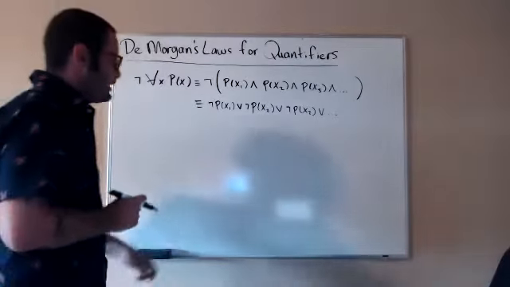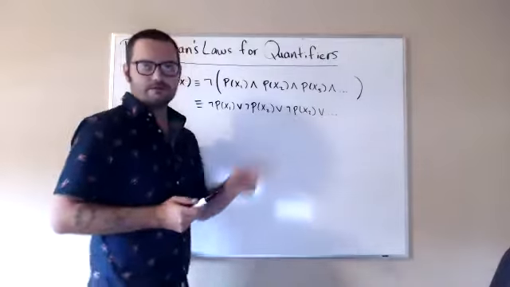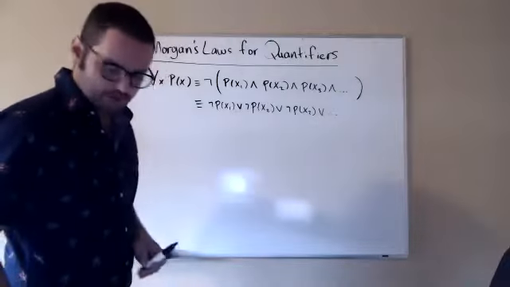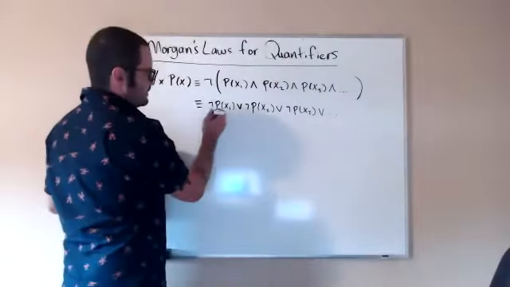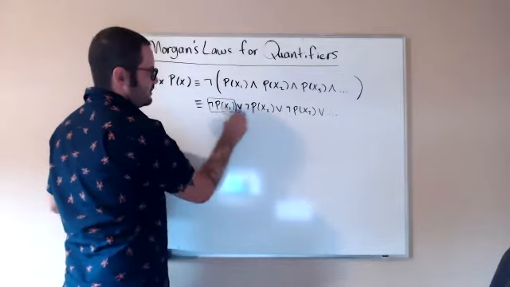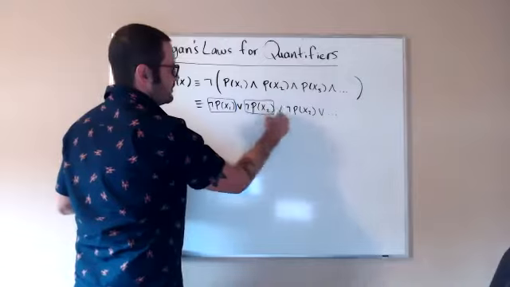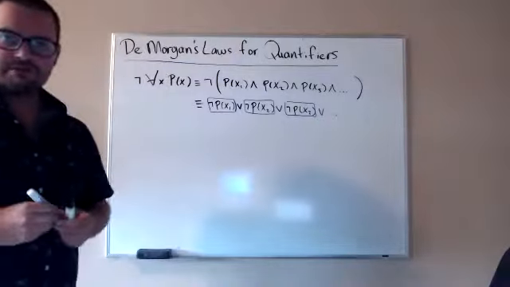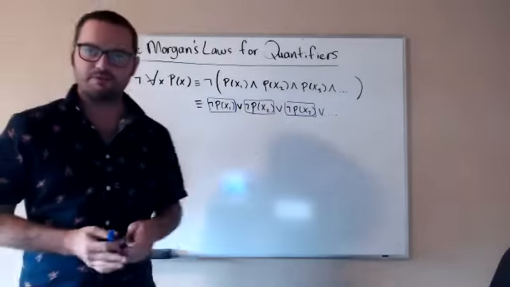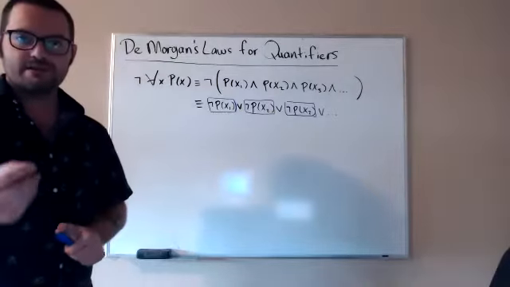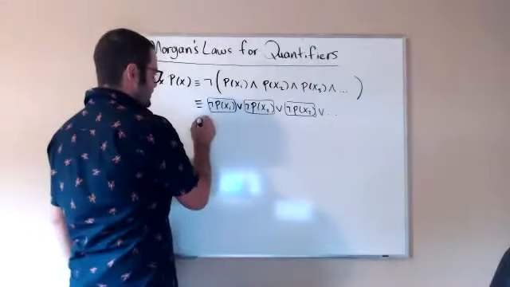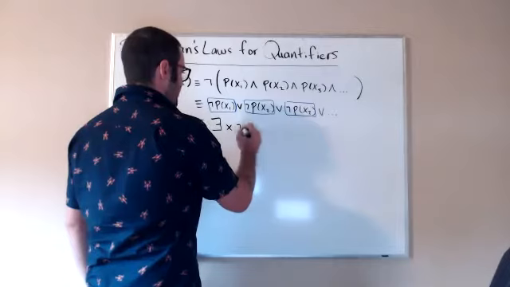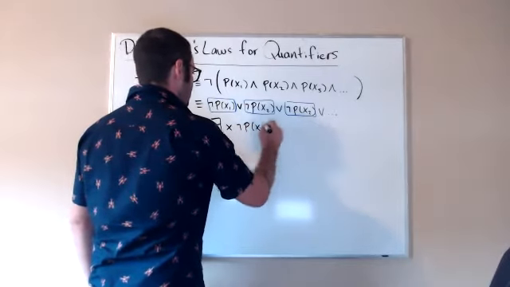And now we have a disjunction, a bunch of ORs for the negation of P of x, right? So we have this OR over all x in the domain. Well, that's the same thing as the existential quantifier. So we can rewrite this as there exists x, not P of x.